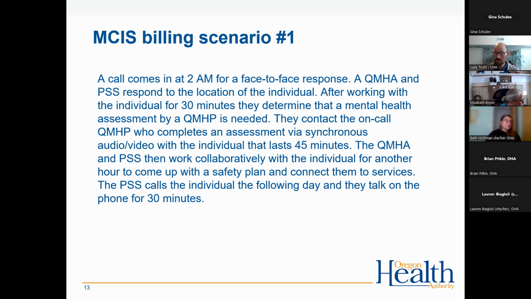According to rule, a QMHP has to be available if they are needed, but they do not have to actively engage in the response for you all to bill at the higher rate. So for this particular response, you would be able to use the HE modifier and be paid the $105 per 15 minutes.